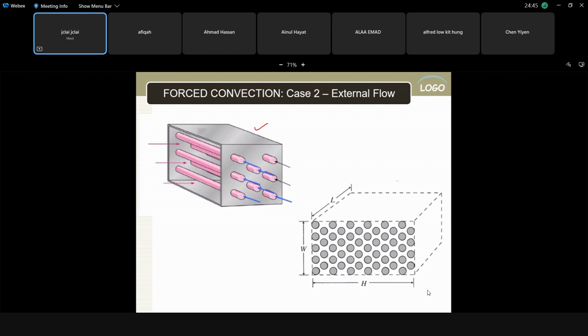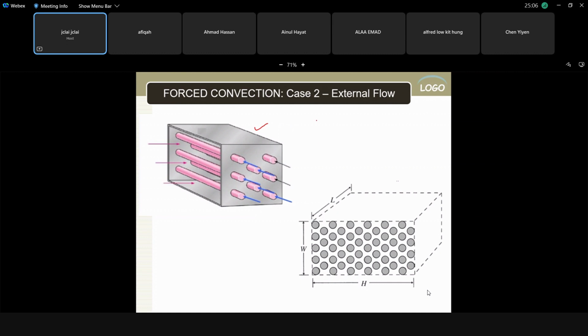Let's say you have a process fluid which is too hot. You want to cool it down, right? Or you have a process fluid which is too cold. Then you need to heat it up.